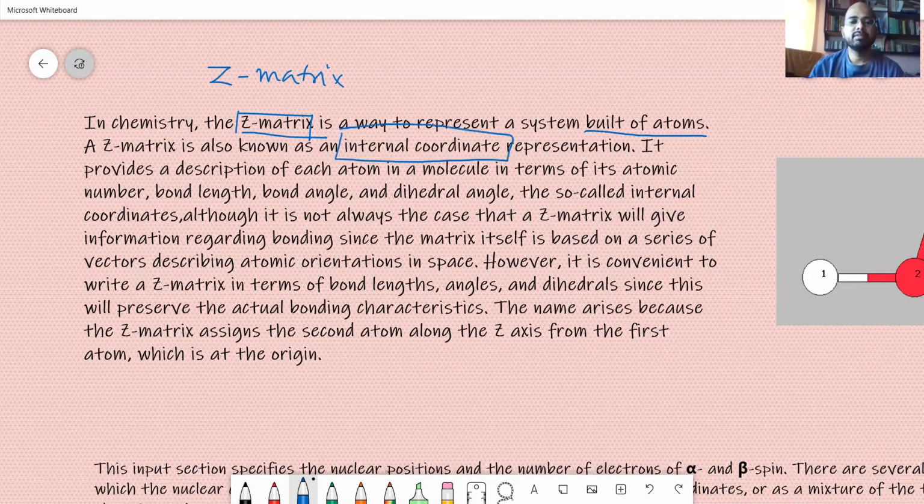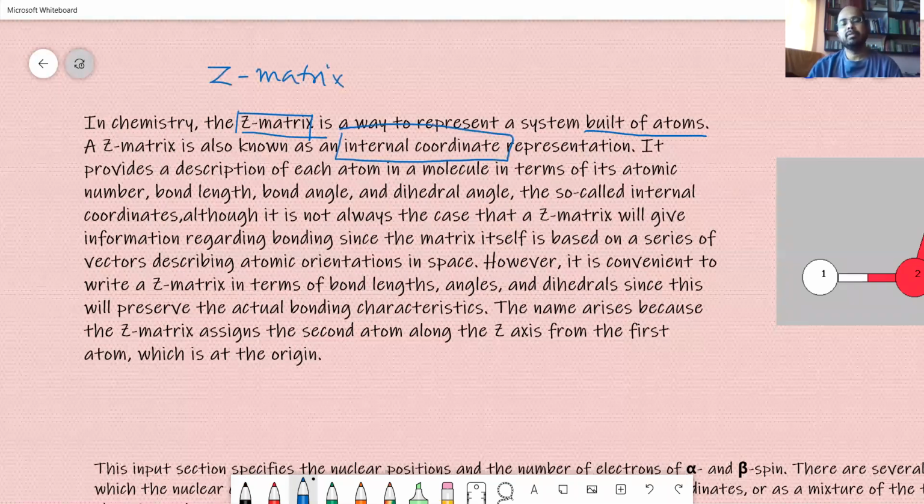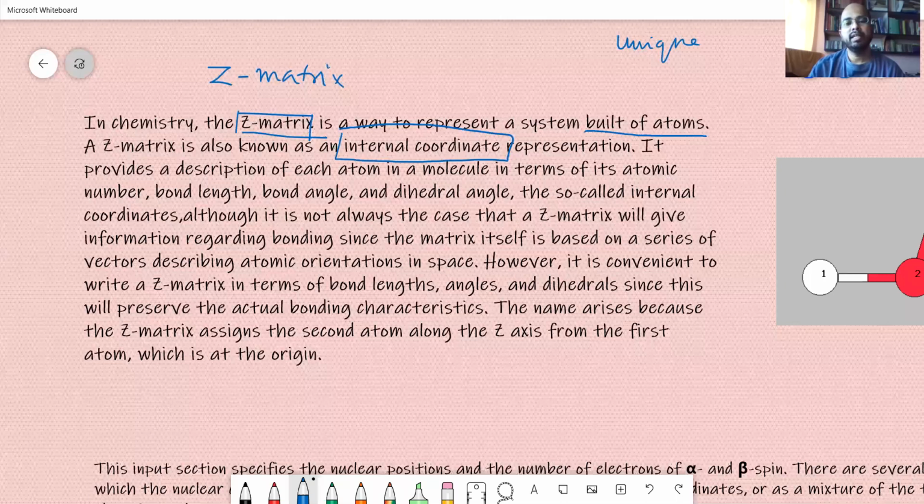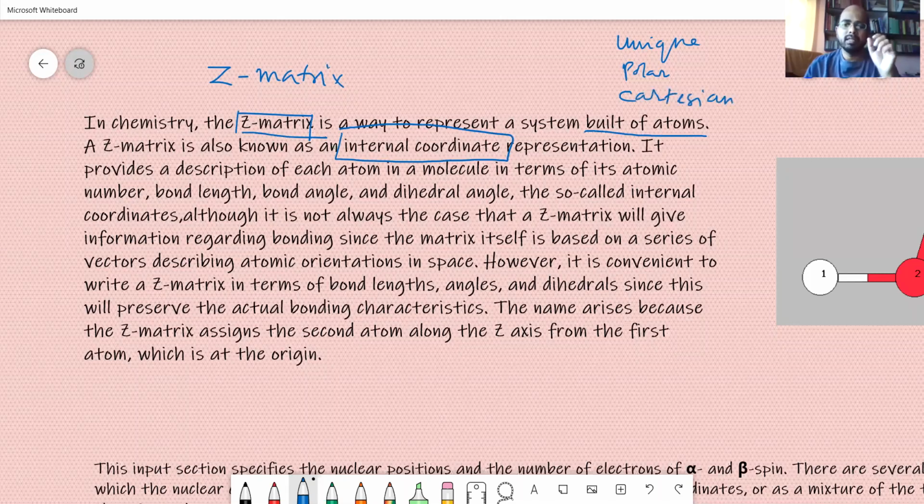So I think we have seen the types of coordinates: unique coordinates, polar coordinates, and Cartesian coordinates. Three types of coordinates we have seen that form the basis of all quantum chemistry description.